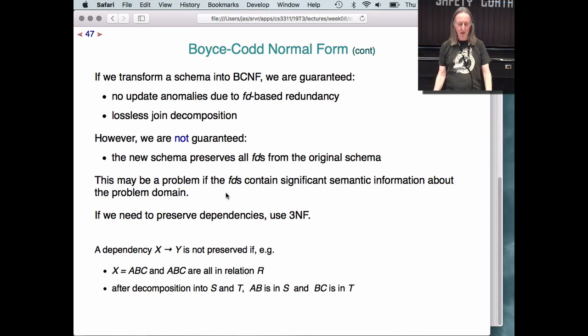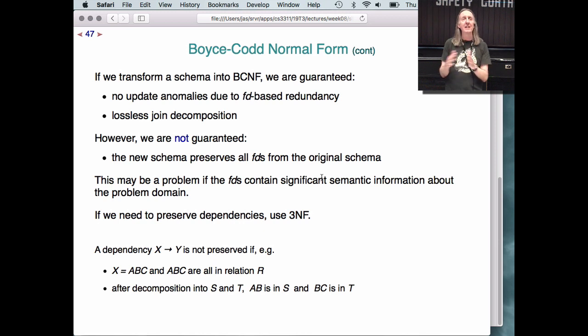I need to think of a good example for where this is the case. So remember that functional dependencies tell you something about the semantics of the underlying problem domain. So you may lose some of that information.